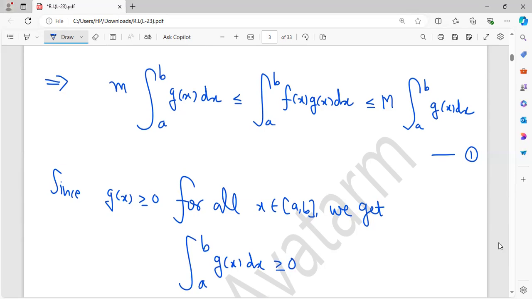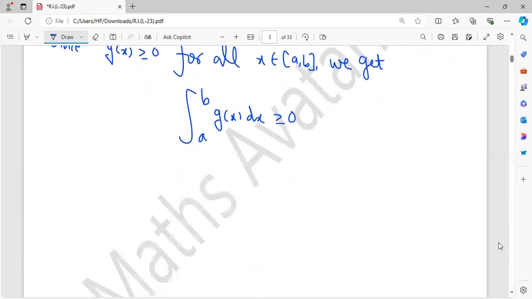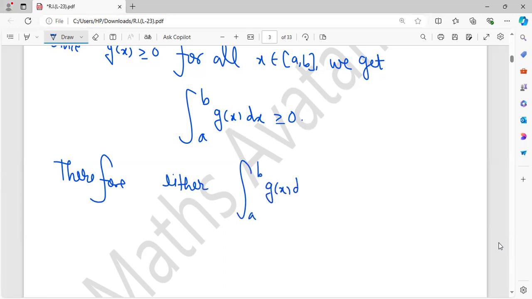Okay. So therefore, either the integral from a to b of g(x) dx is equal to 0, or the integral from a to b of g(x) dx is strictly greater than 0.